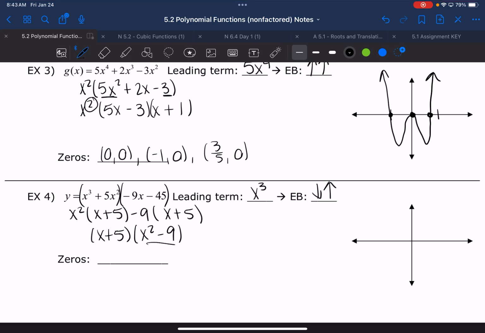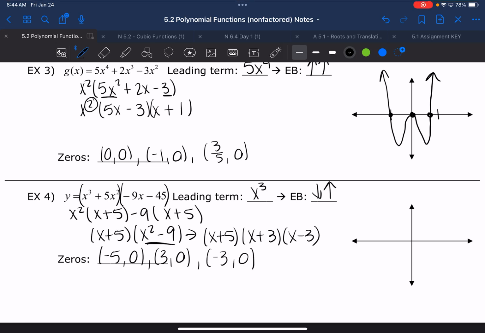And then this is a difference of squares, right? So we factor it one step further. We've got x plus 5, but we also are going to have x plus 3 and x minus 3. So we've got 3 zeros at -5, 3, and -3, right?